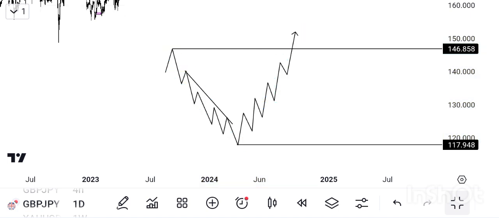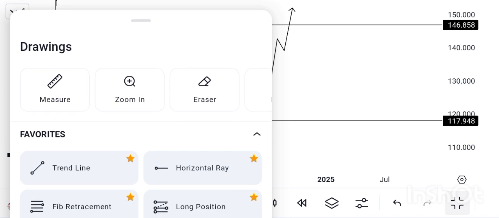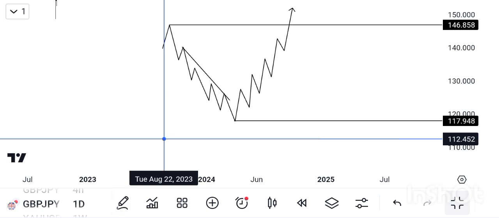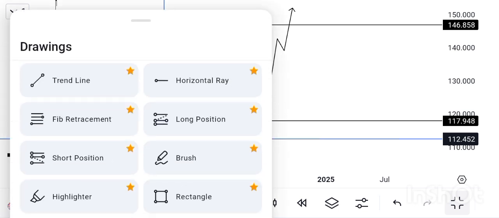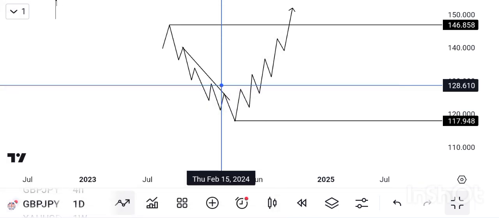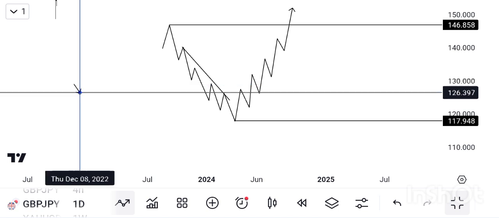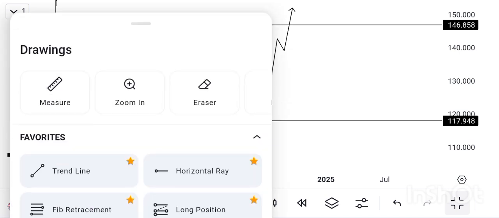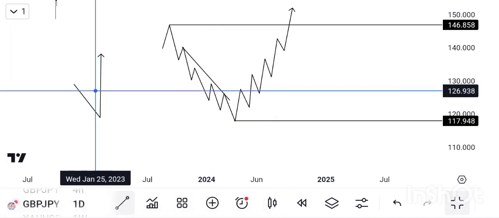So the next liquidity I'm going to explain right now is structural liquidity. Structural liquidity is also internal liquidity. What do we call structural liquidity? It is the structure when you have a break of structure. For a newbie trader, this is a break of structure. But for an advanced trader, this is not a break of structure.